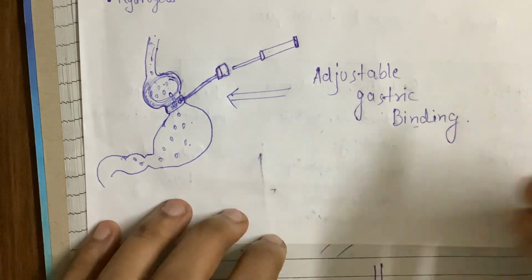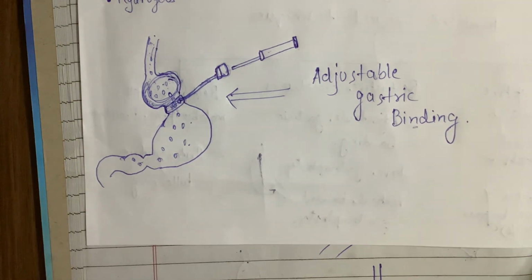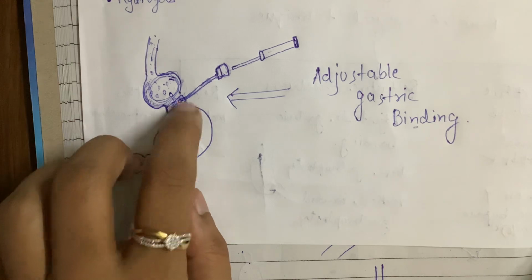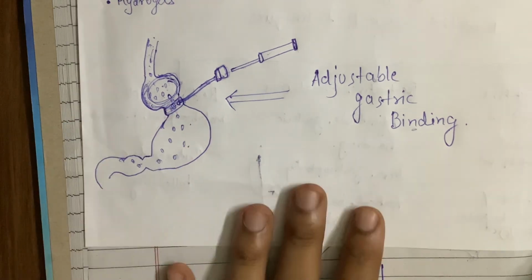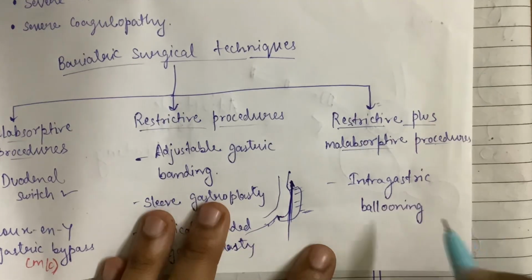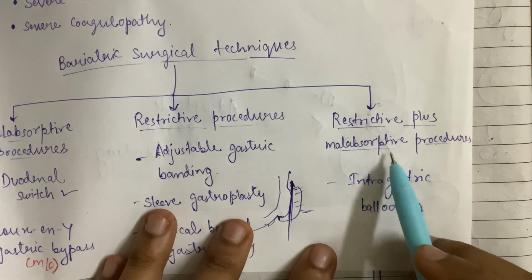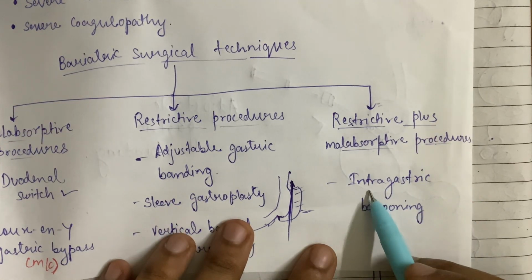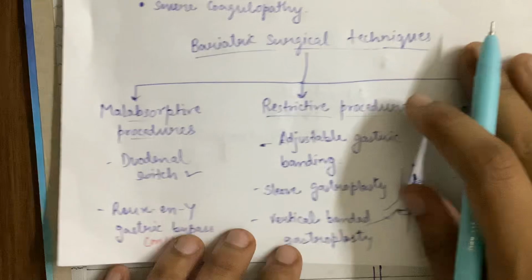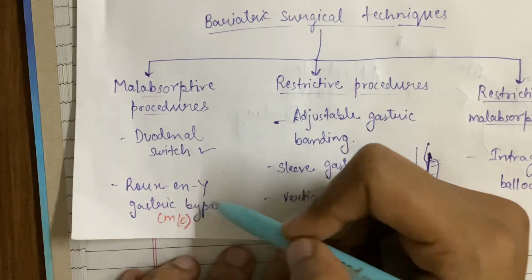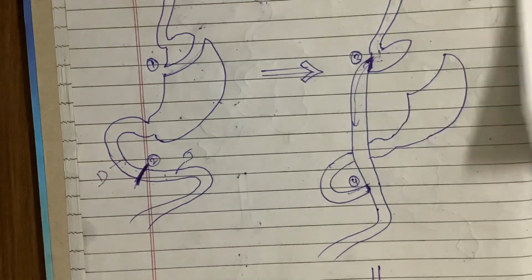So depending on the condition and need of the patient, this band can be tightened or can be loosened. Third technique is restrictive plus malabsorptive procedure, which includes intragastric ballooning and duodenal switch and Roux-en-Y gastric bypass.